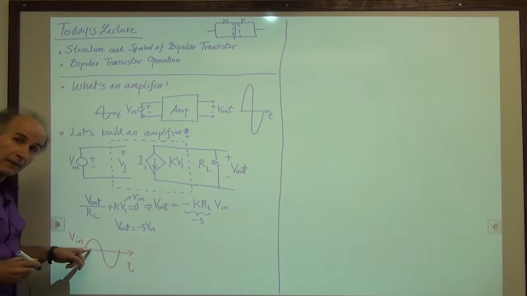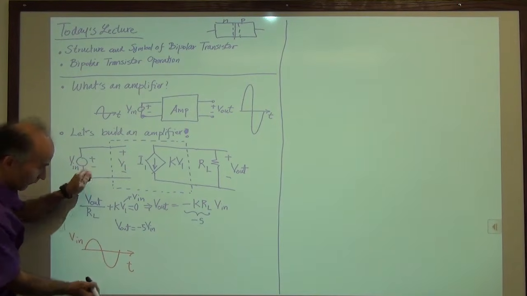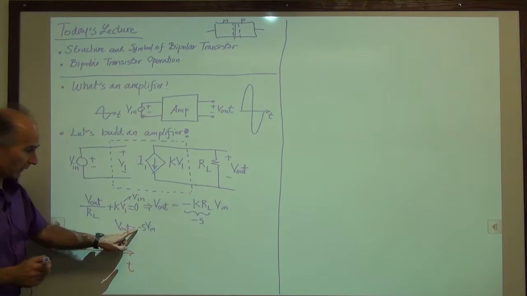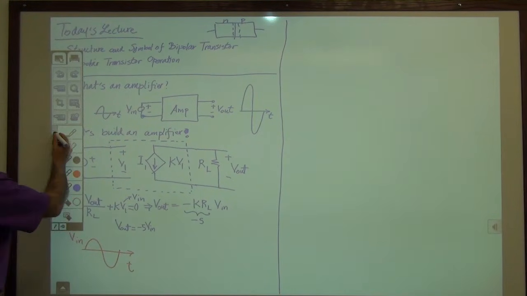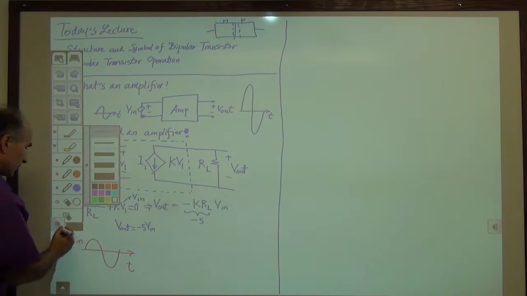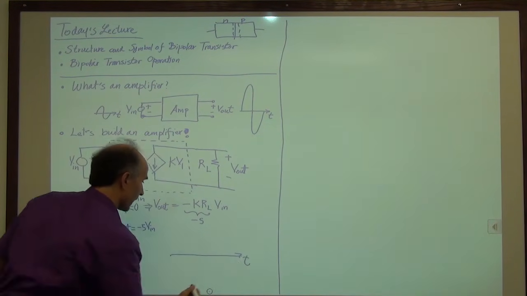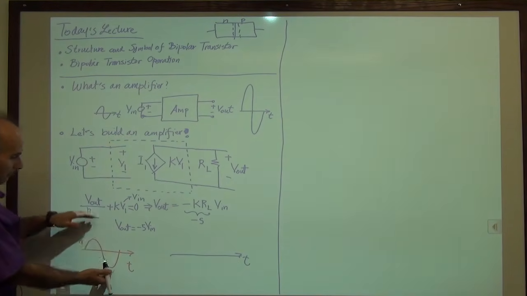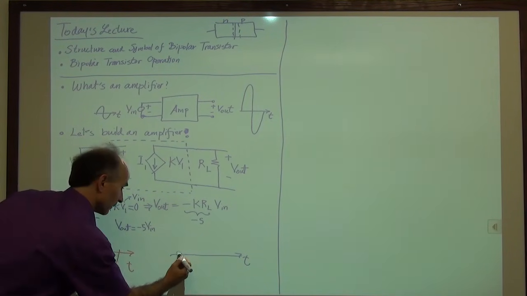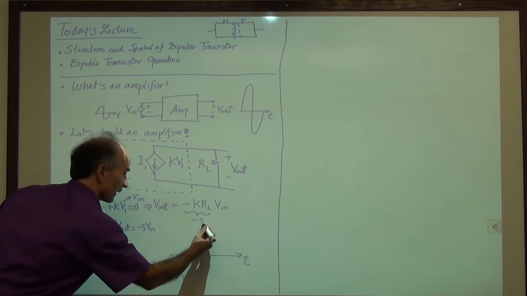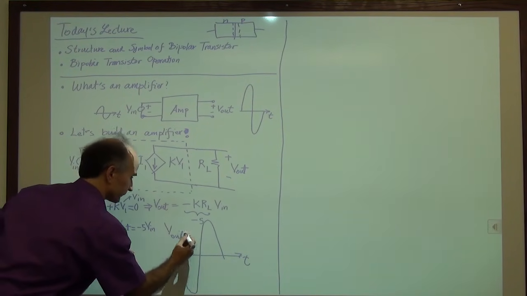So it means take the amplitude, multiply by 5, but then flip the sinusoid because we have a negative sign here. So for V out, we have the following shape. We have T, and I just take this, magnify it by a factor of 5, and then flip it. So it goes like this and goes like this. So that would be V out.